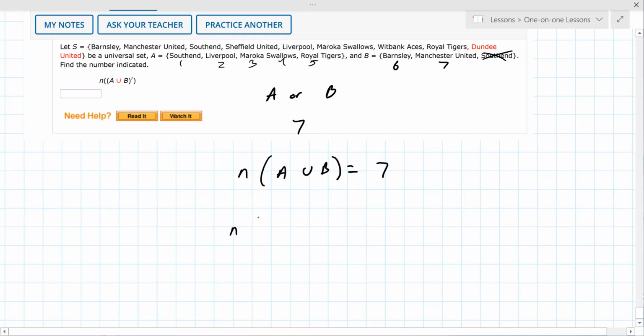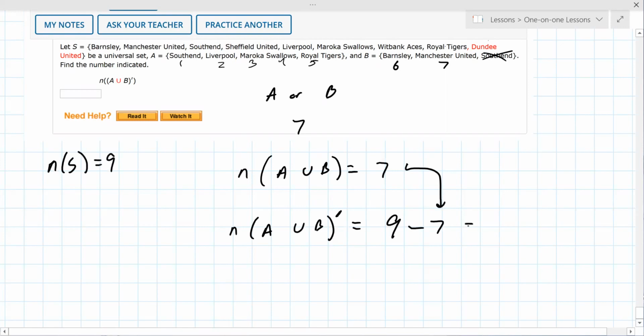So the number of A or B complement is the total, which is S. It's the number in S, which I think was 10. 1, 2, 3, 4, 5, 6, 7, 8, 9. Is that right? I thought it was 10 last time. 1, 2, 3, 4, 5, 6, 7, 8, 9. Yeah. So it's 9 minus the 7, because the number of S is 9.